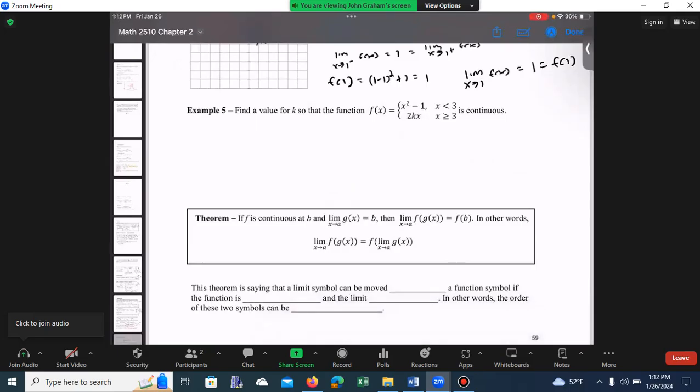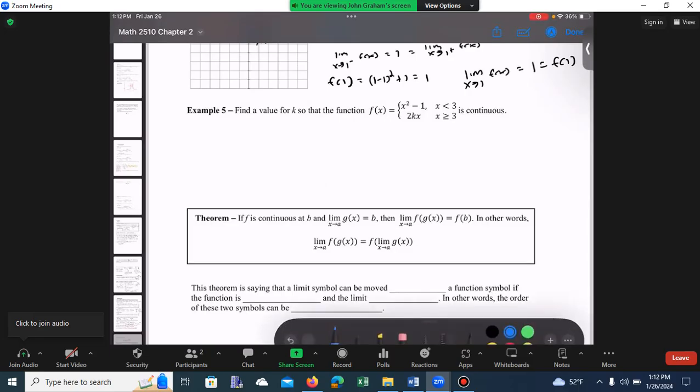We're looking at the function f of x here, x squared minus 1, when x is less than 3, and 2kx when x is greater than or equal to 3. We'll find the value for k so that the function is continuous for these pieces.